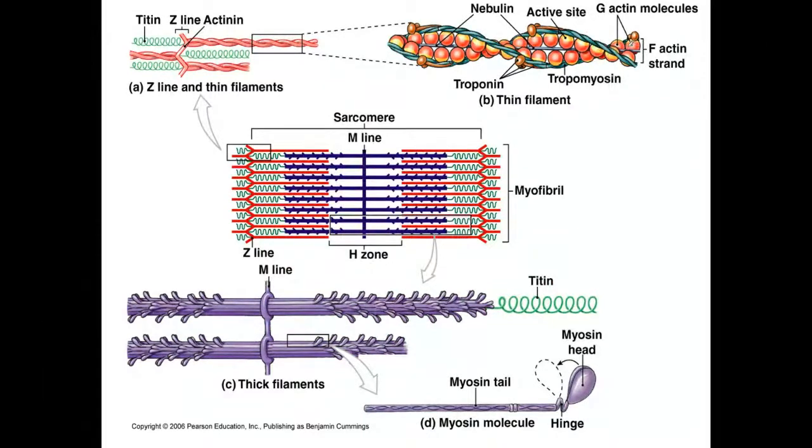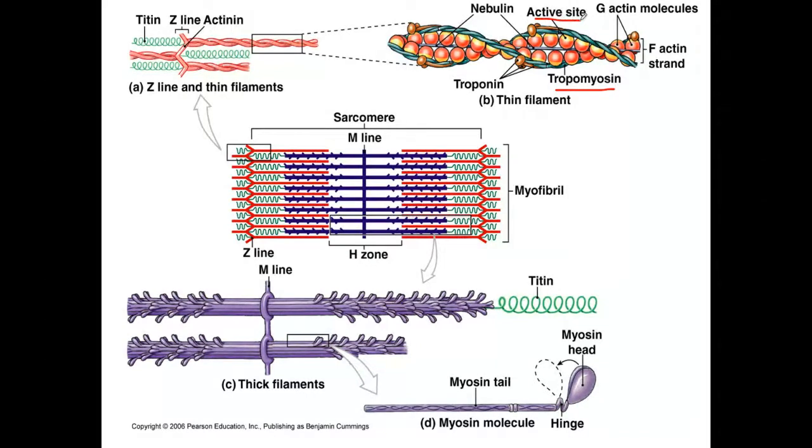So again, on the top right, we see that we have all of these G molecules. The G molecules are the circles, and all these G molecules combined makes an F strand. You could see that tropomyosin is the string or the rope that covers the binding sites.